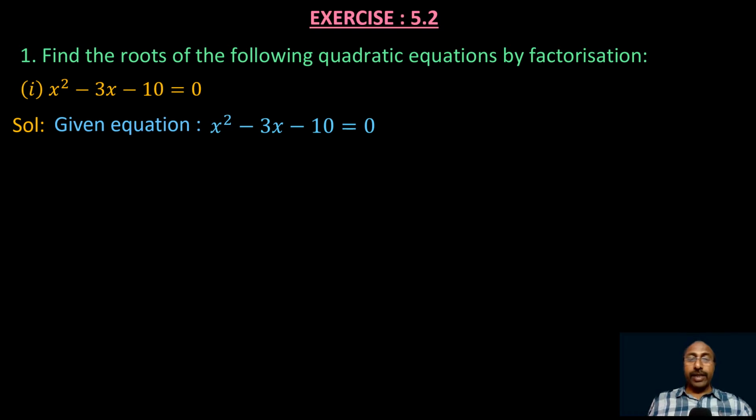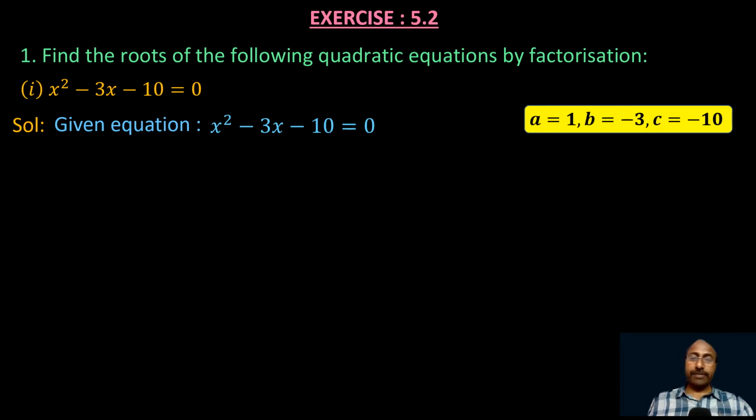And here, by comparing this given quadratic equation with the standard form, that is ax square plus bx plus c equal to 0, the value of a, that is coefficient of x square, is 1, and b, that is coefficient of x, is minus 3, and c, which is constant, is equal to minus 10.